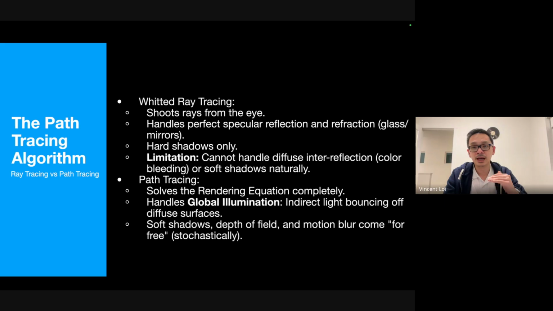Ray tracing is a very simple assumption. We only trace perfect specular reflection and refraction for that kind of image quality. So we don't really solve the rendering equation entirely.